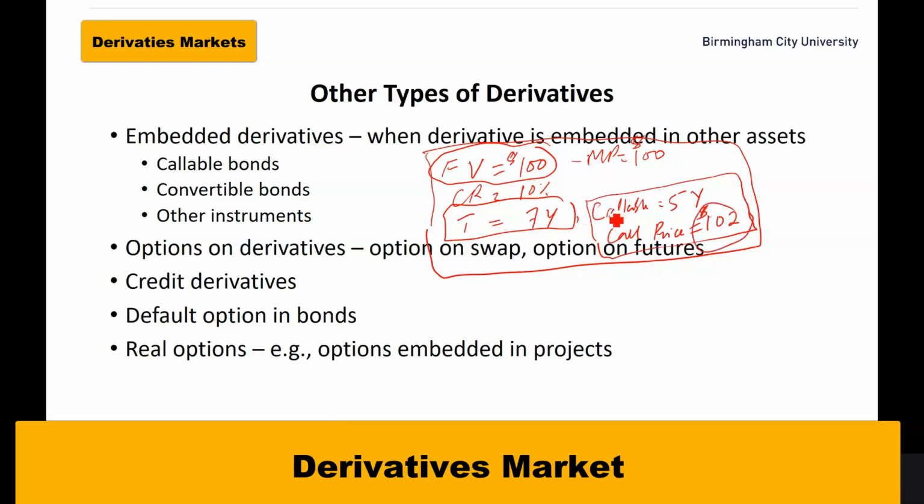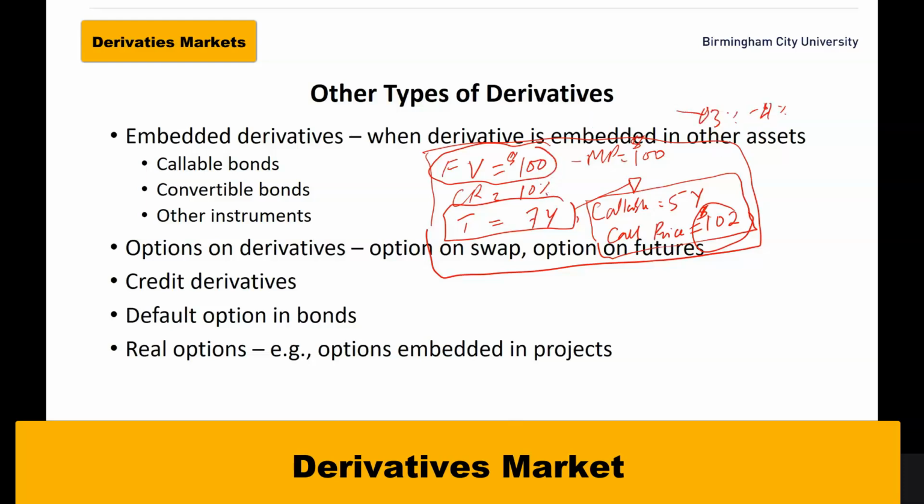Why is the company keeping this callability option inside it? Because the company may expect that in 5 years' time, interest rates may go down in the market to 3% or 4%. At that point of time, it will not be appropriate for the company to pay 10% interest. So what it can do is buy back these bonds from me and so many other people and issue new bonds that will be much cheaper, paying only 3% or 4% interest.